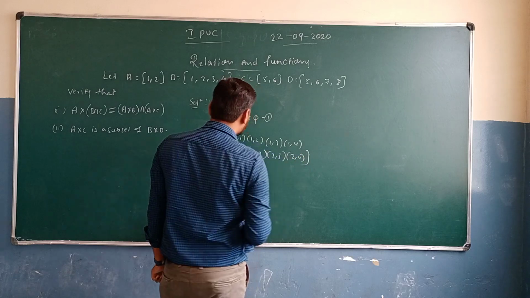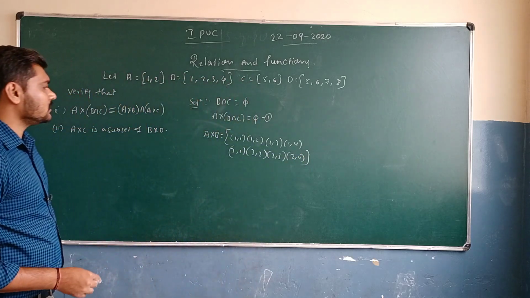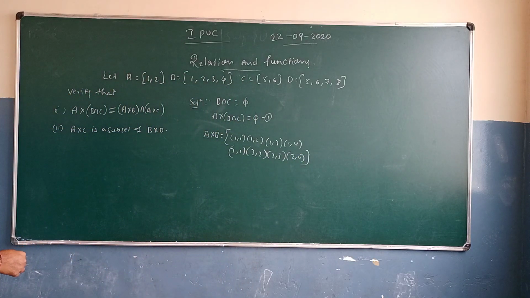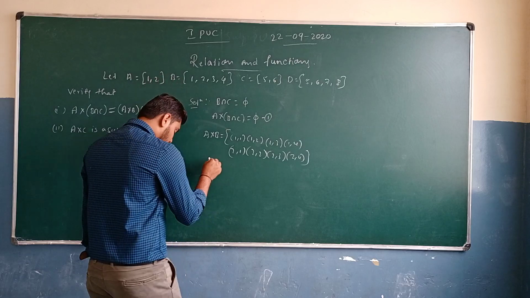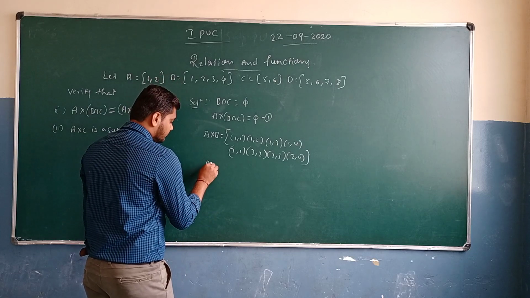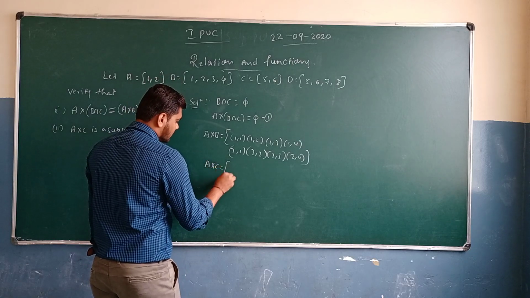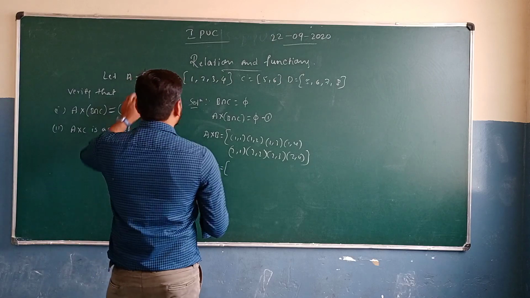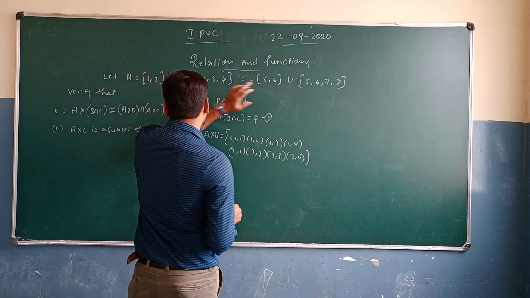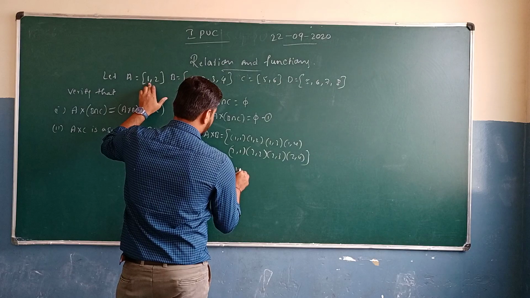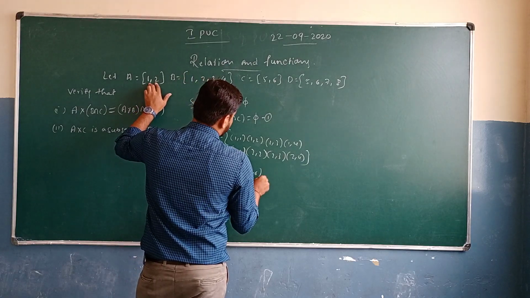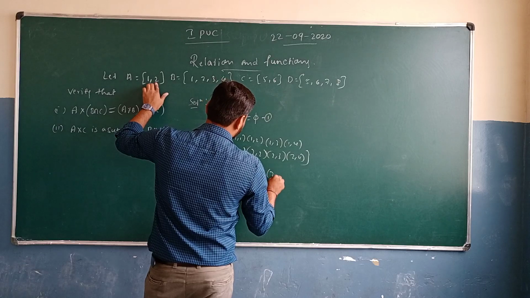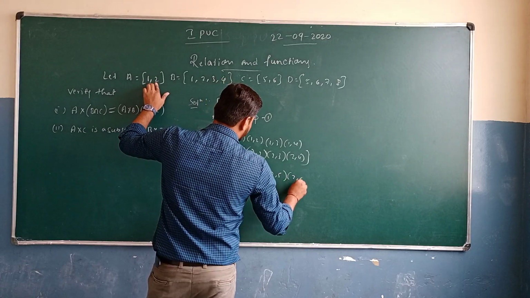These are the elements present in A × B. Then we need to find A × C as well. So that's going to be 1,5; 1,6; 2,5; 2,6.